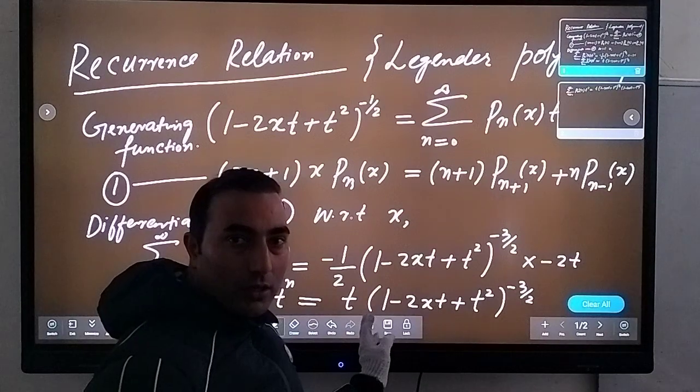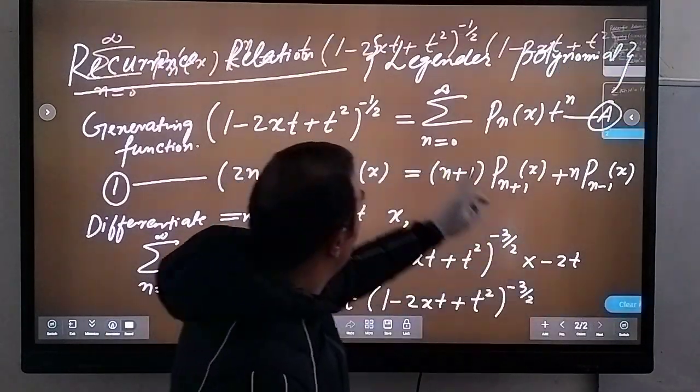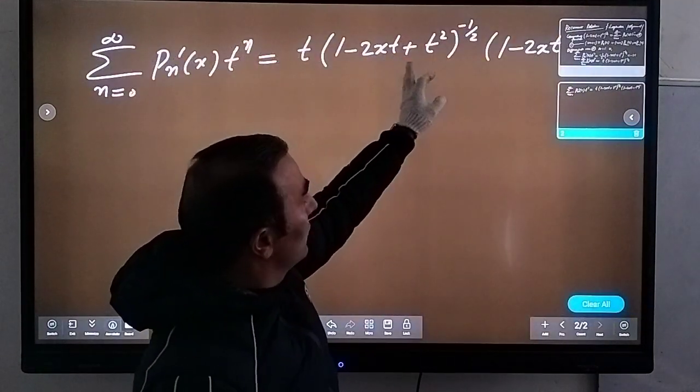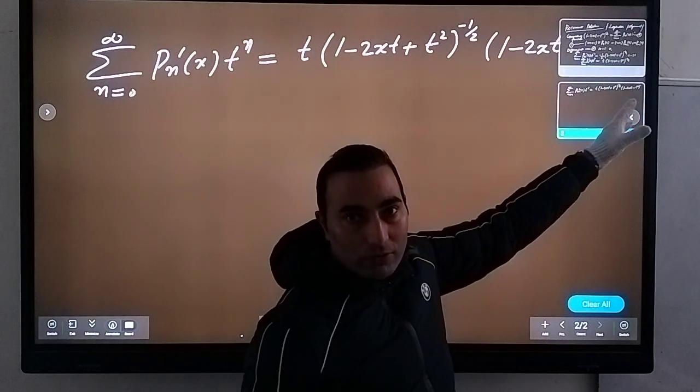And t is in the multiplication, so I kept t like this, t is this thing, and this I can keep as minus 1/2 and minus 1, that's minus 3/2.